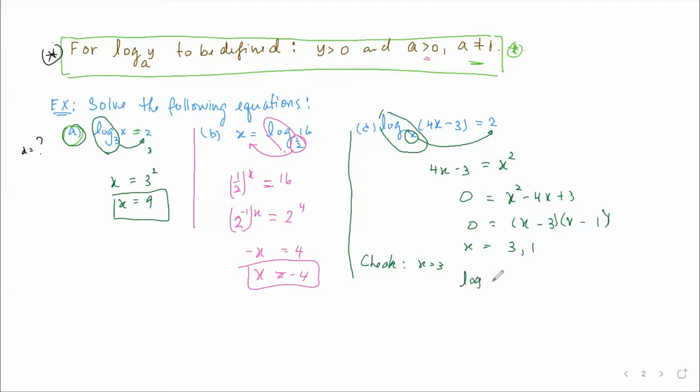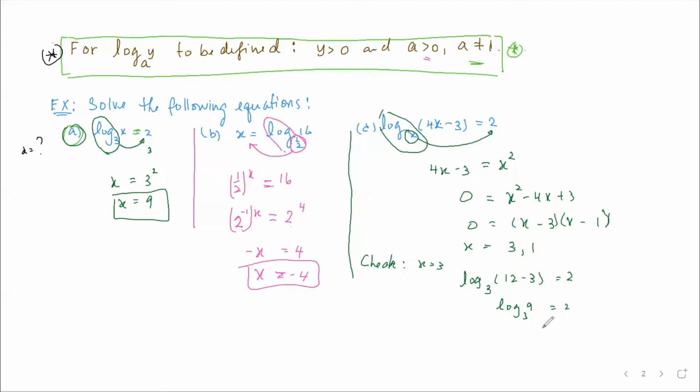So it becomes log of, with x replaced by 3, 3 times 4 becomes 12, minus 3, and the base is x, which is 3, equals 2. So what we have is 12 minus 3, we are left with 9, base 3, equals 2.